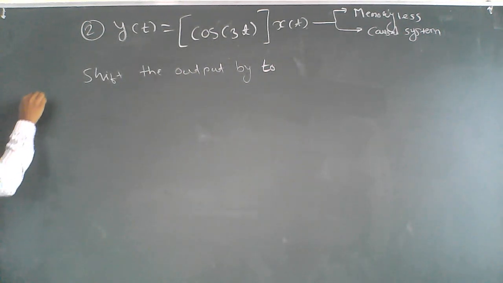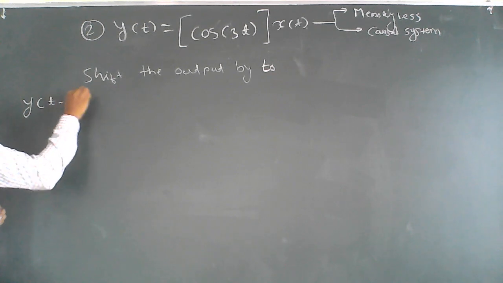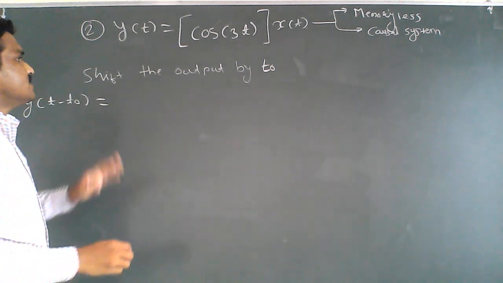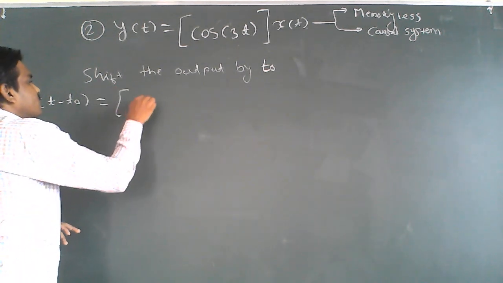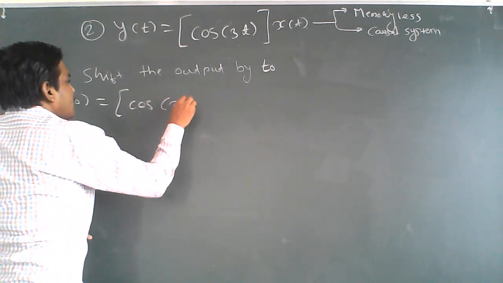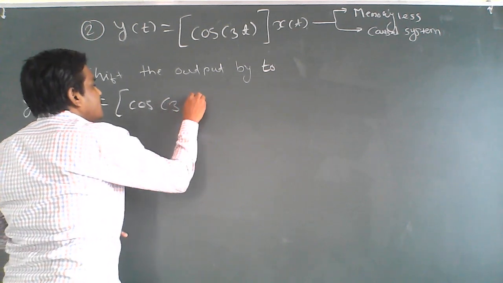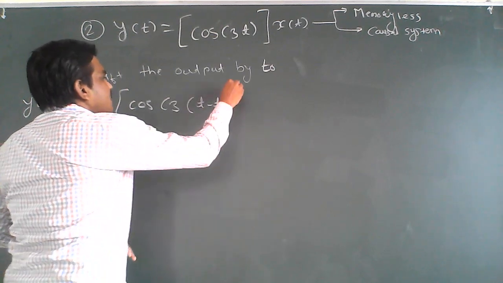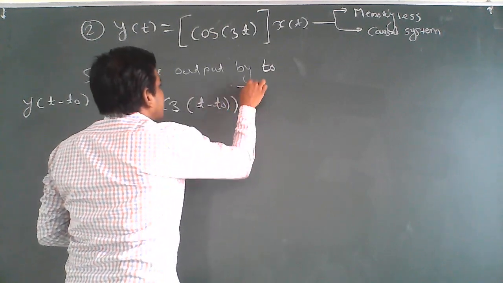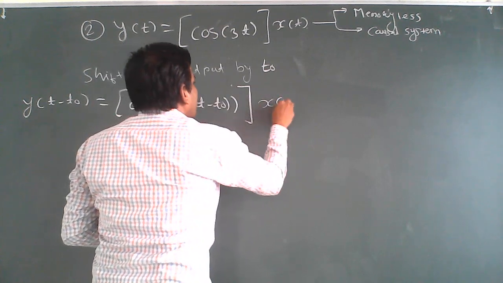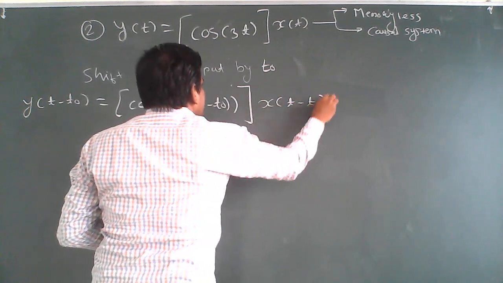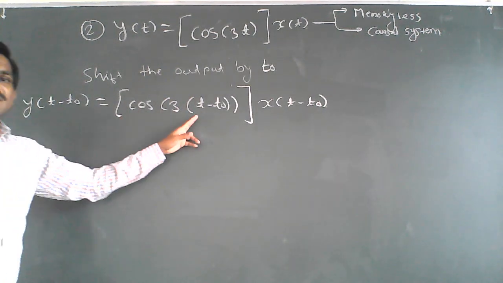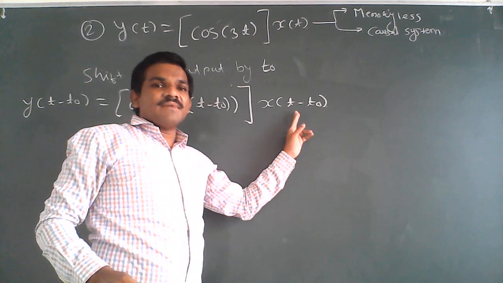So we have y of t minus T0, which is equal to, wherever t is there you have to write it as t minus T0. So cos of 3 times t minus T0, into x of t minus T0.